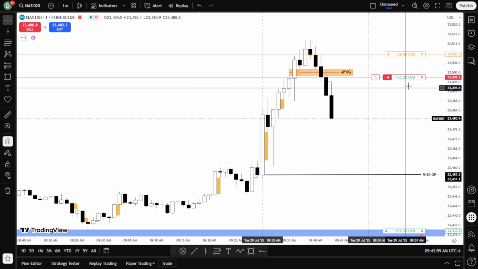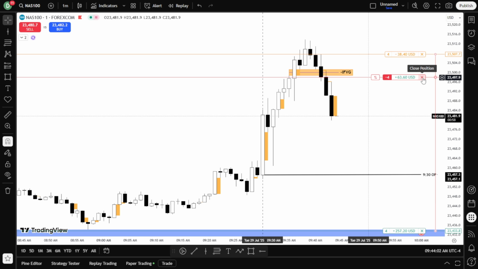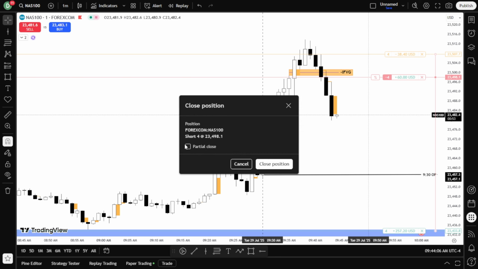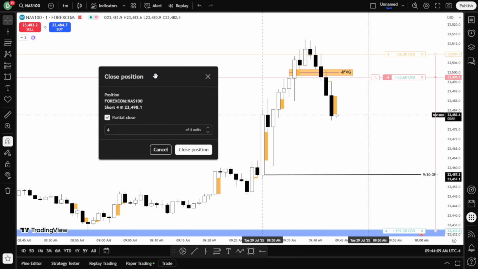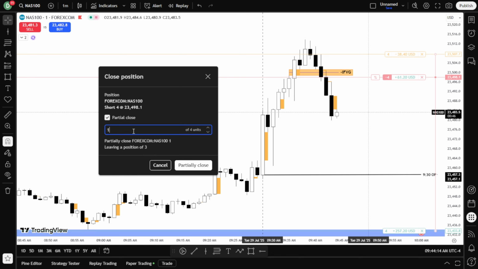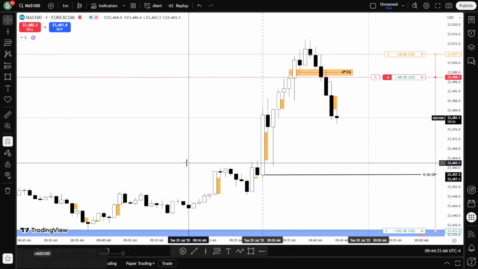Now we are currently 18 points up. I would like to take a partial when we get below this low. Yeah, let's get below this low. I'm taking a partial right there.